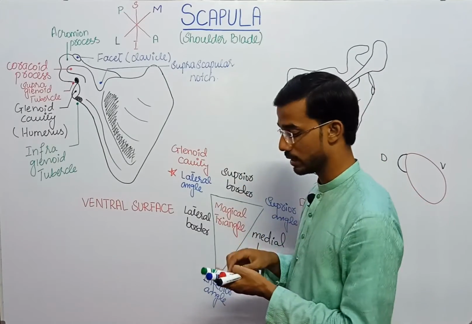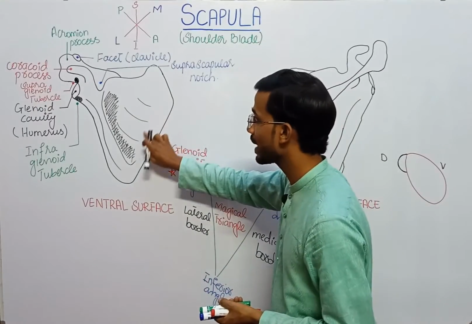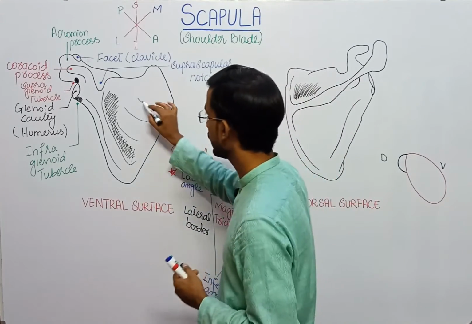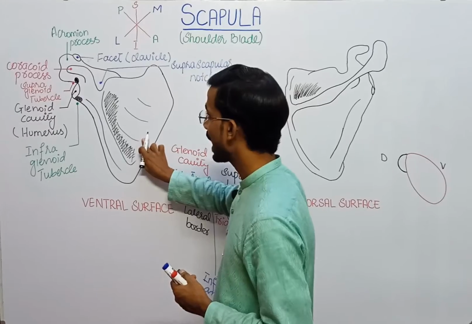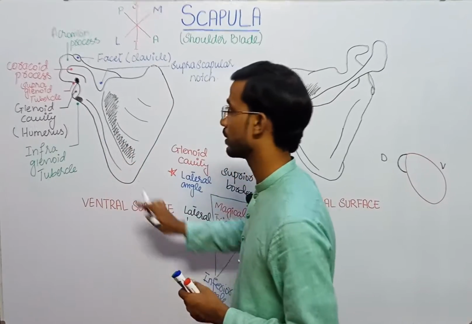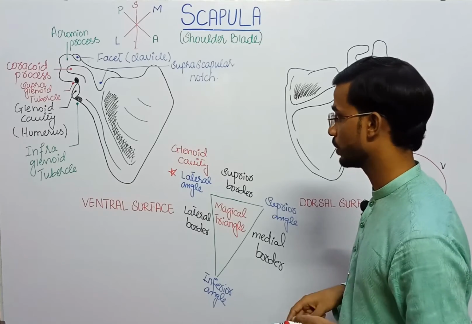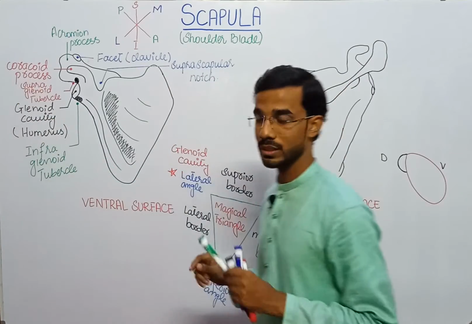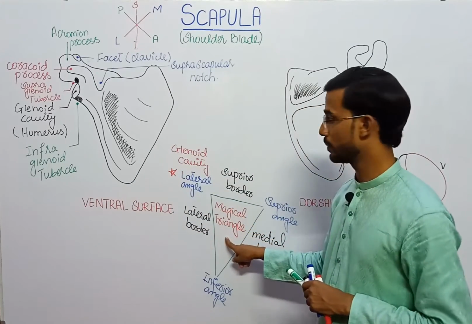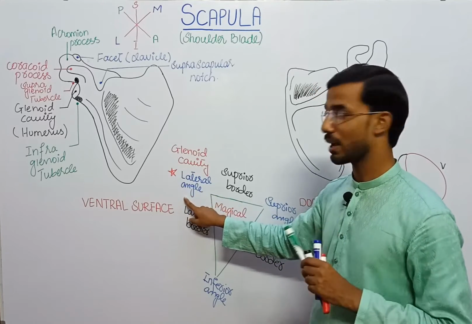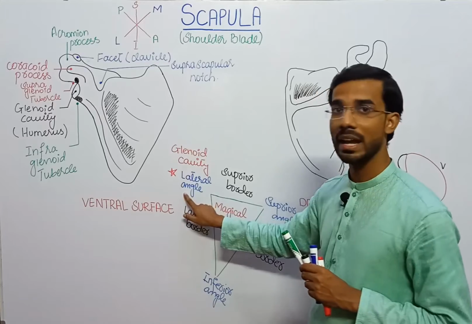Here you can see three ridges are present at the concave side of the scapula. Here you can see the three ridge structure, and at the lateral side there is another ridge which is present longitudinally.